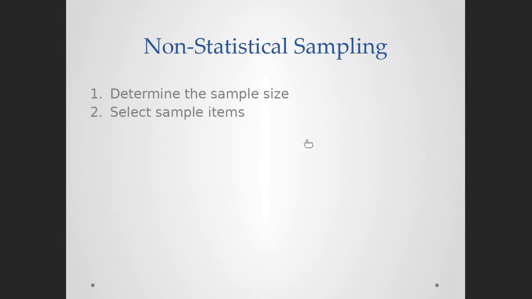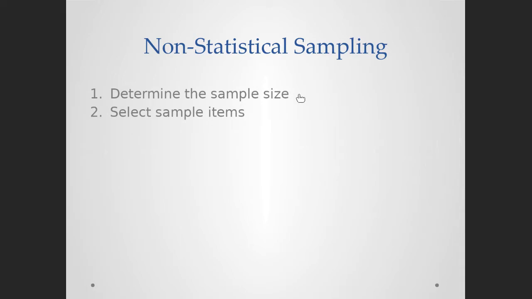Now we are going to look at the non-statistical attribute sampling method. The process that we followed until now, until we concluded and documented, is using the statistical attribute sampling. The other option is to do non-statistical attribute sampling, and everything is going to be the same as the statistical attribute sampling method, except two things will be different.